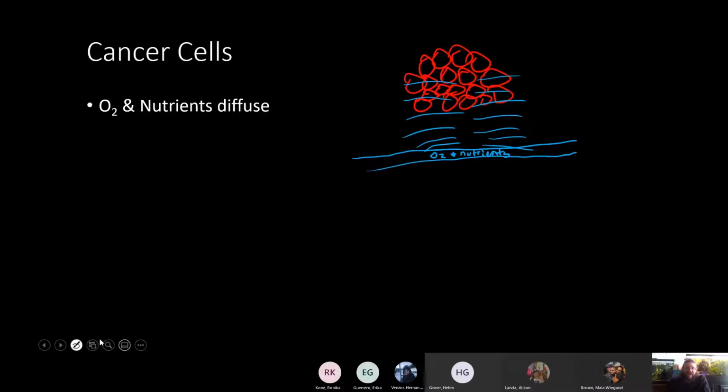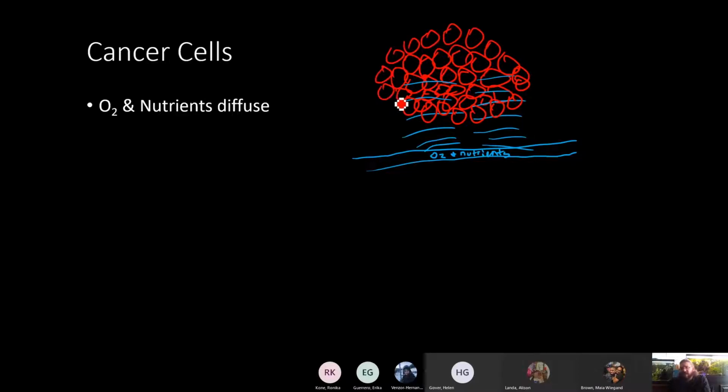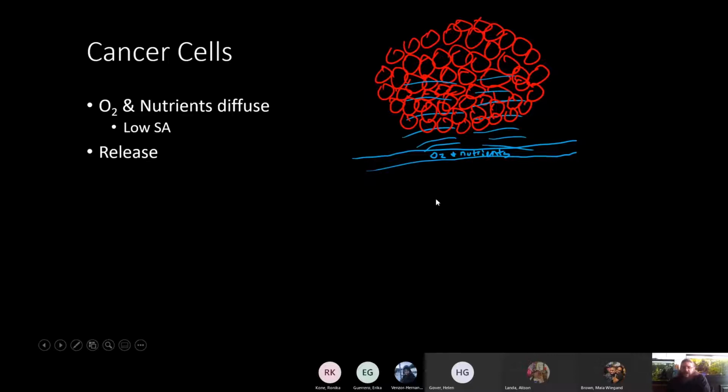But one of the problems facing a cancerous tumor is that the larger the tumor grows, the less capable these cells are of getting nutrients. Right? Larger tumors, tumors themselves have a very low surface area because they're basically just a growth, right?